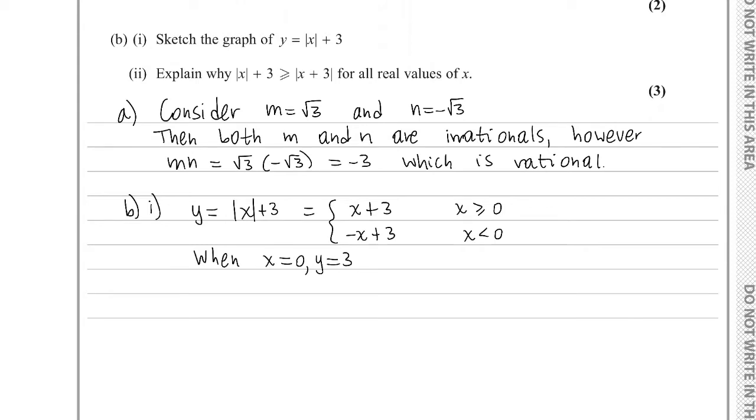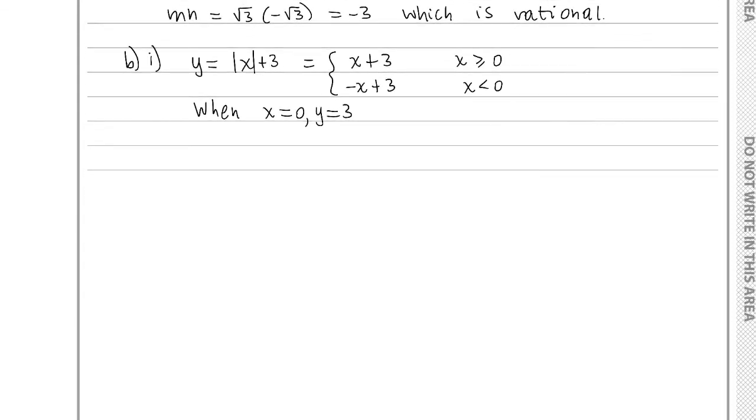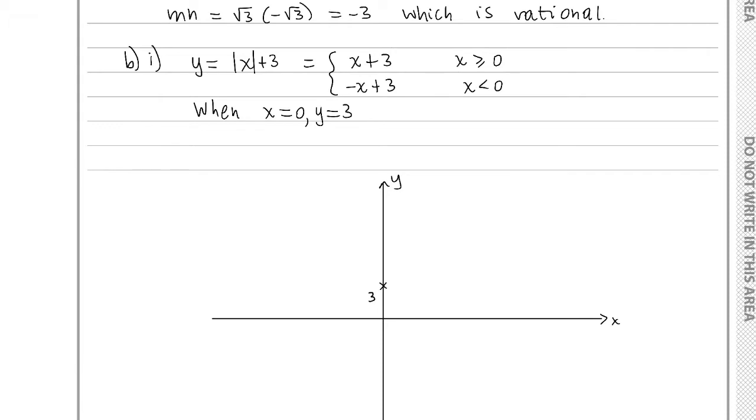So if I was to sketch the graph, so that's my x-axis and the y-axis. We know that at (0, 3), we've got the vertex. We know that for positive values of x, we are going uphill.